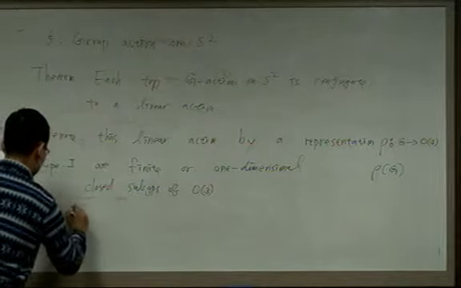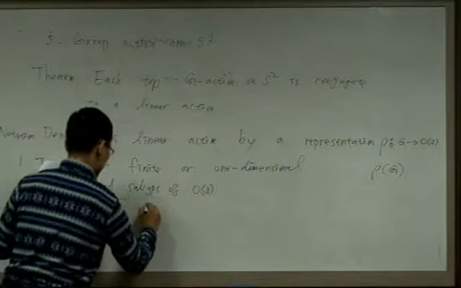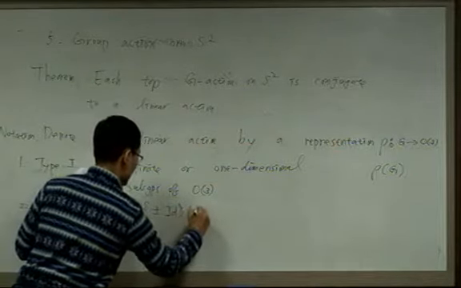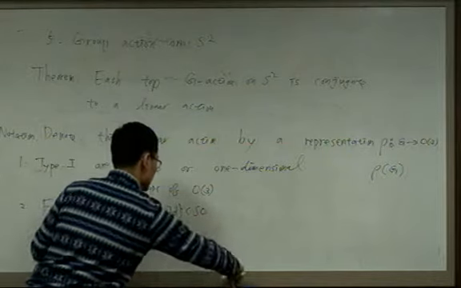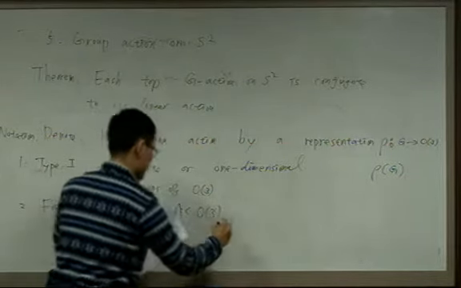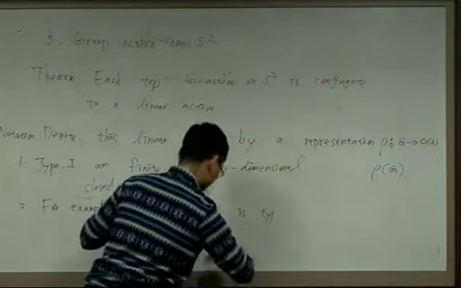For example, plus minus identity of O3 is type 2.